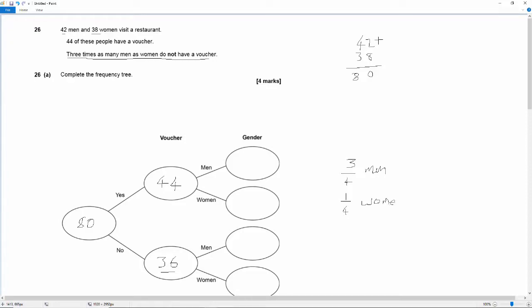Hang on, 3/4 of what? So that's 3/4 of 36.